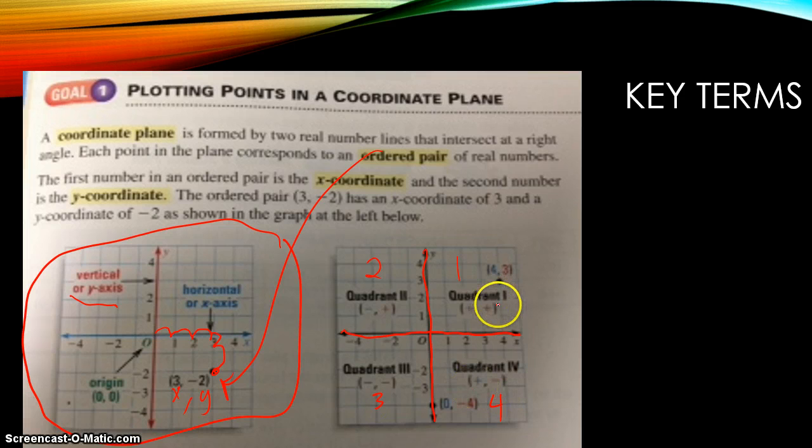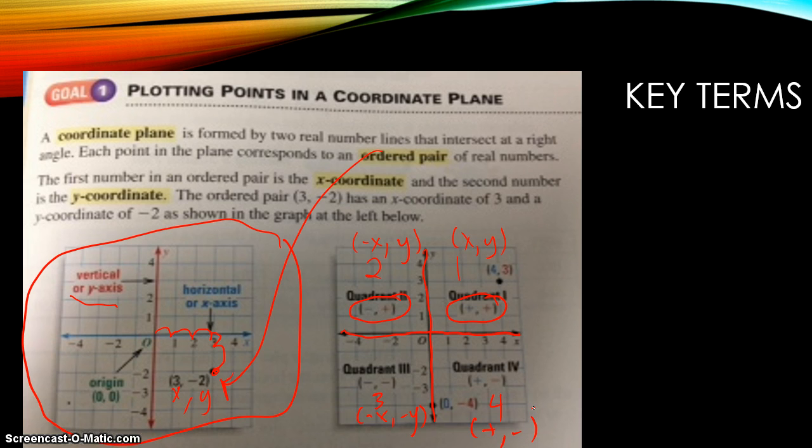Look at the ordered pair in each quadrant. In quadrant 1 it's plus, plus. In quadrant 2 it's minus, plus, so your x value will be negative and your y value positive. In quadrant 3, both x and y are negative. And in quadrant 4, x is positive and y is negative.